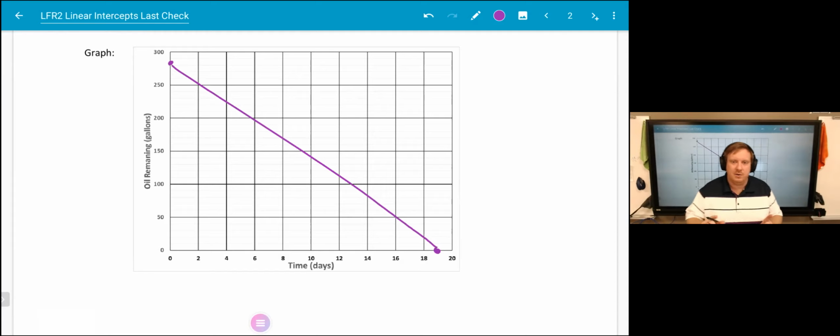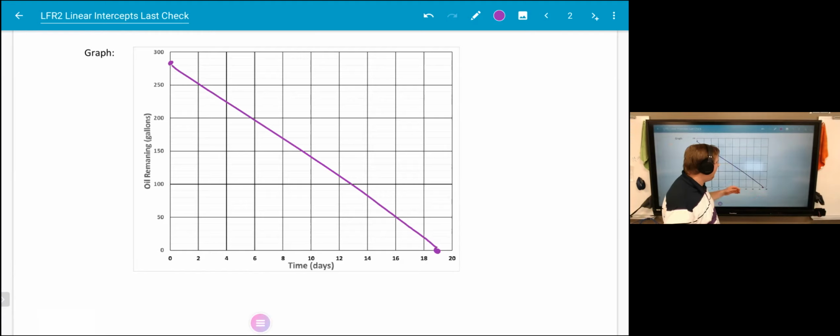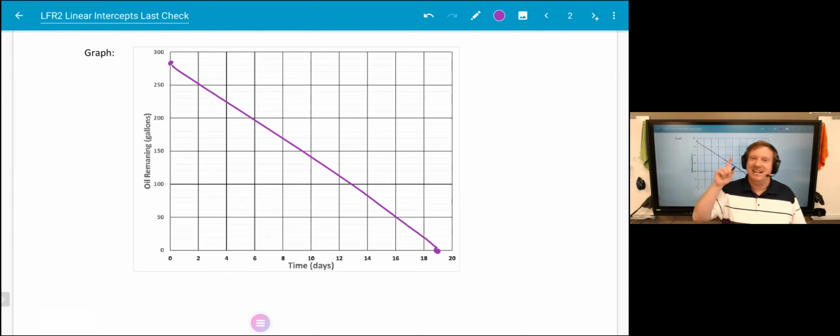I didn't draw the arrows through each of those points, because I'm not going to get to 0 gallons and then use more fuel oil. That's not how that works. You can't use oil that's not there. It's a real world situation. You also can't go to negative days. If you can figure out how to go backwards some days, let me know, because there's a few of them that I want to fix and maybe get a little more work done.